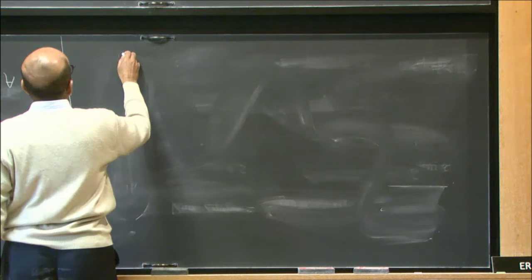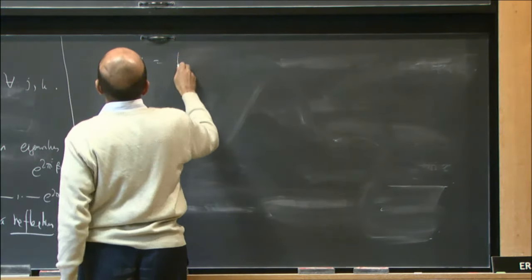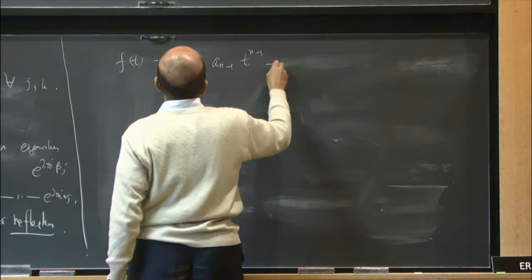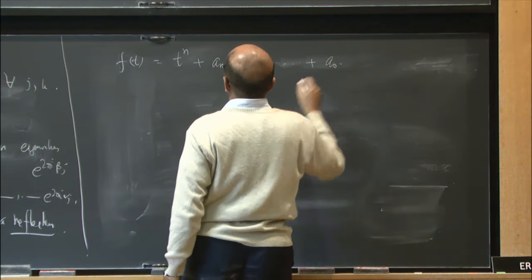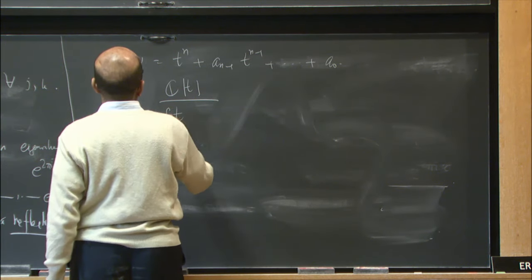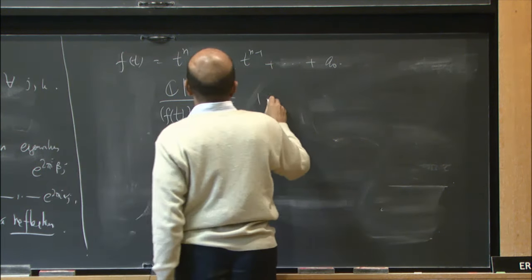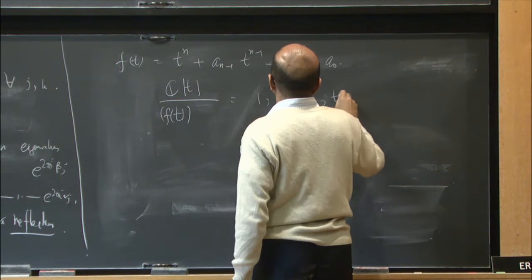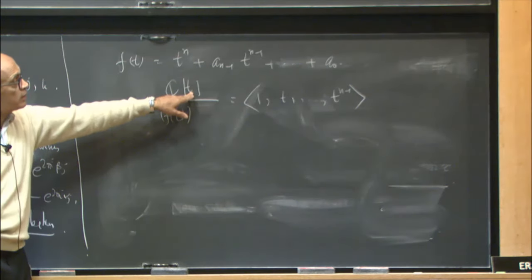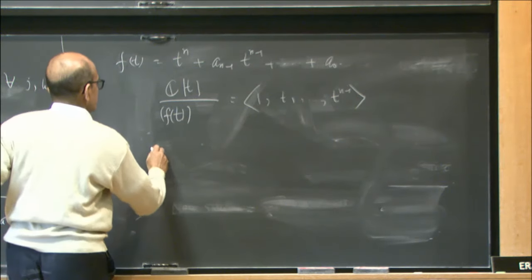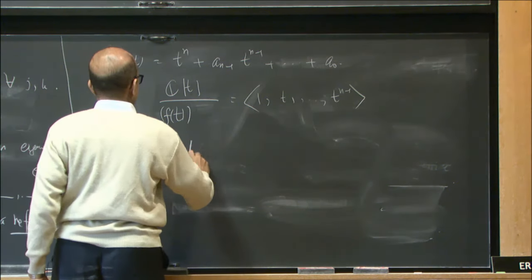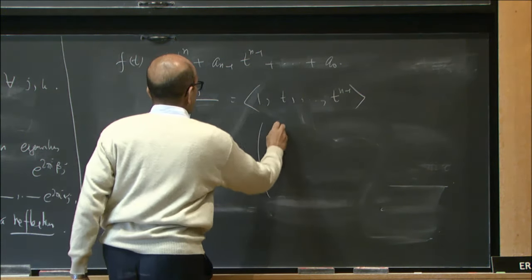So if I have a polynomial f of t, I could look at this ring, f of t. This has basis, and the multiplication by t operator has a certain matrix which is multiplication by t, just looks like this.